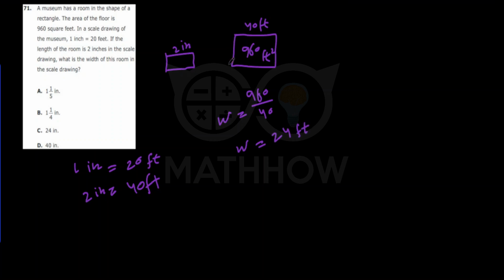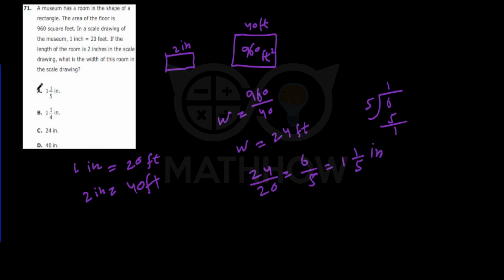Now, to find the width of the room in the scale drawing, divide the actual width by 20 feet. 24 divided by 20, reducing this and writing it in mixed fraction form, when you divide using long division, this will become 1 whole and 1 over 5 inches.